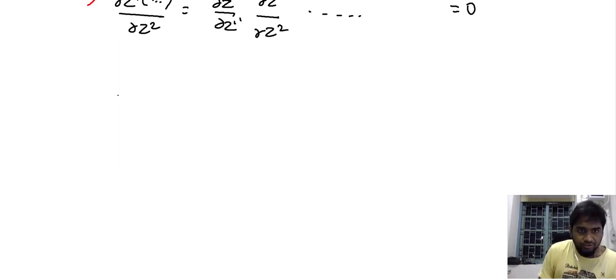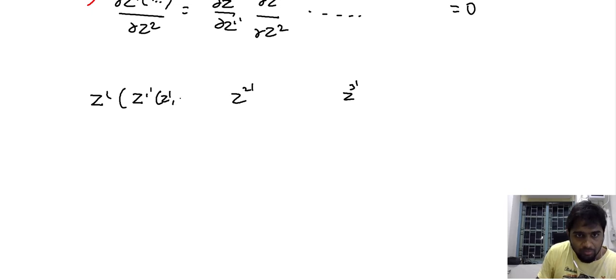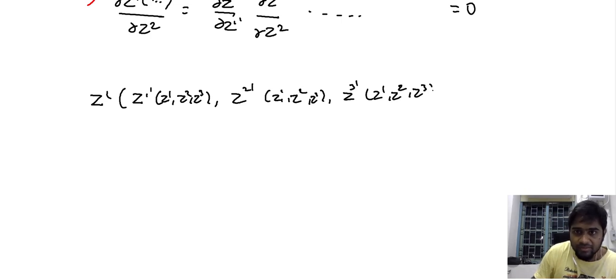Now when you consider this function here, that is z1 is a function of z1 prime, z2 prime, z3 prime, and these are individually a function of z1, z2 and z3.